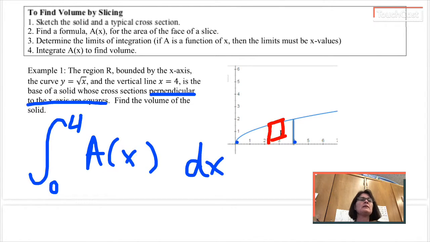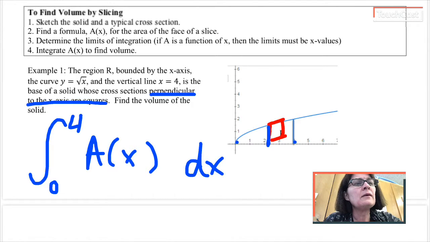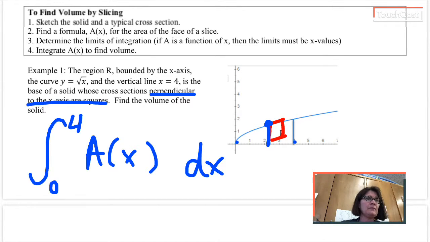So for a slice that cuts into the region R at the place where x equals 2, how would I find the area of that square? Well, I'd have to figure out what this y value is, and that would tell me the height of my square.